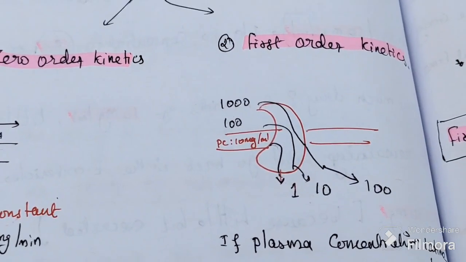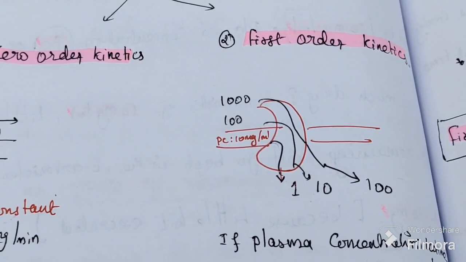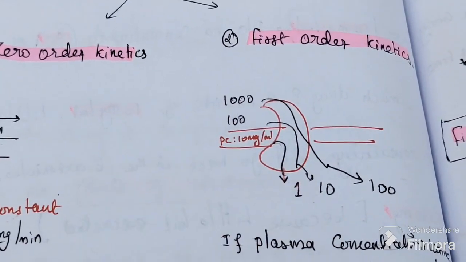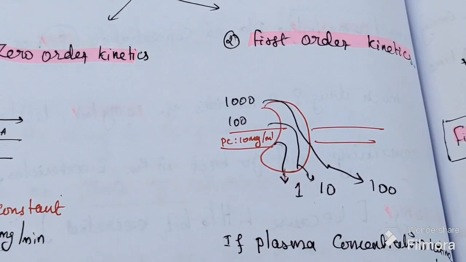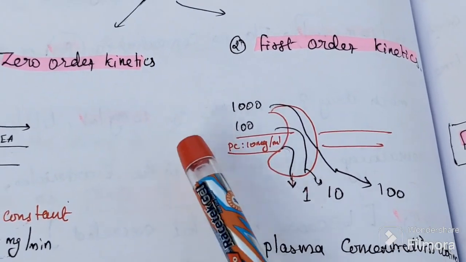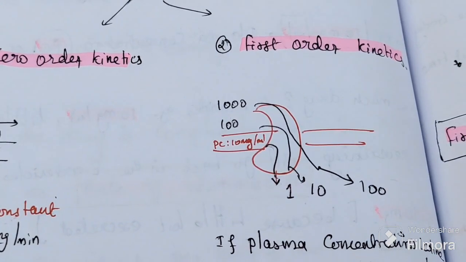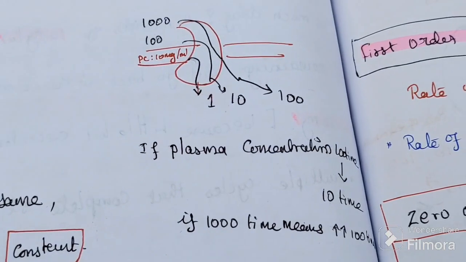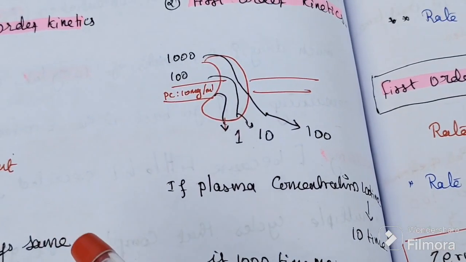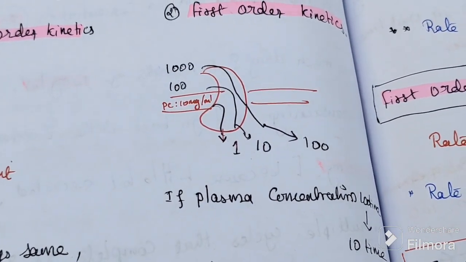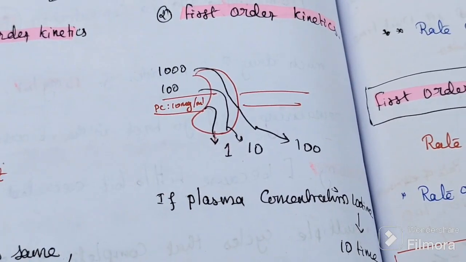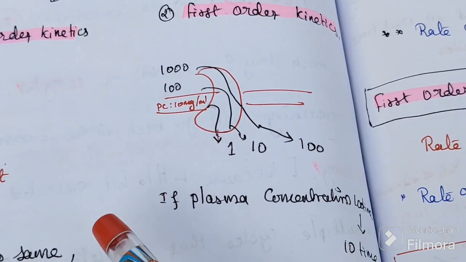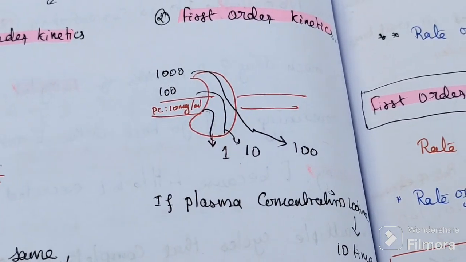Suppose instead of 10, 100 is present, or 1000 is present. So we increase the plasma concentration. What is the rate of elimination in that case? Suppose a human takes a tablet and 10 microgram per ml is observed in the blood. It can be anything.